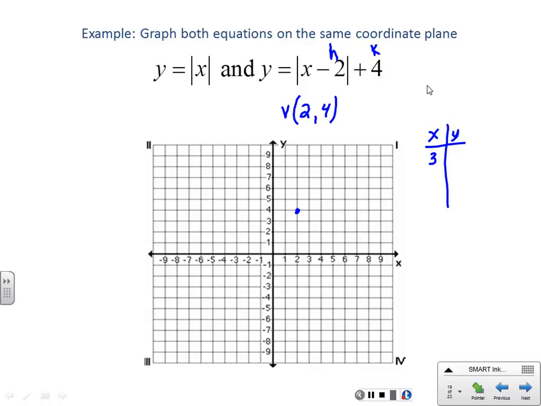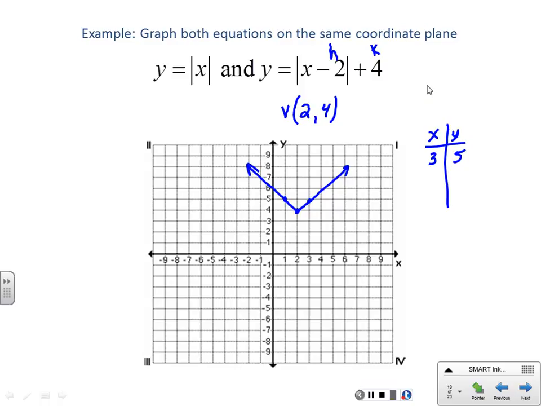The absolute value of 1 is 1. And 1 plus 4 is going to be 5. So we should have 3, 5. And then it is symmetrical, so it does have a mirror image. So there's your V. So we took the basic V curve and we shifted it to the right 2 and up 4.